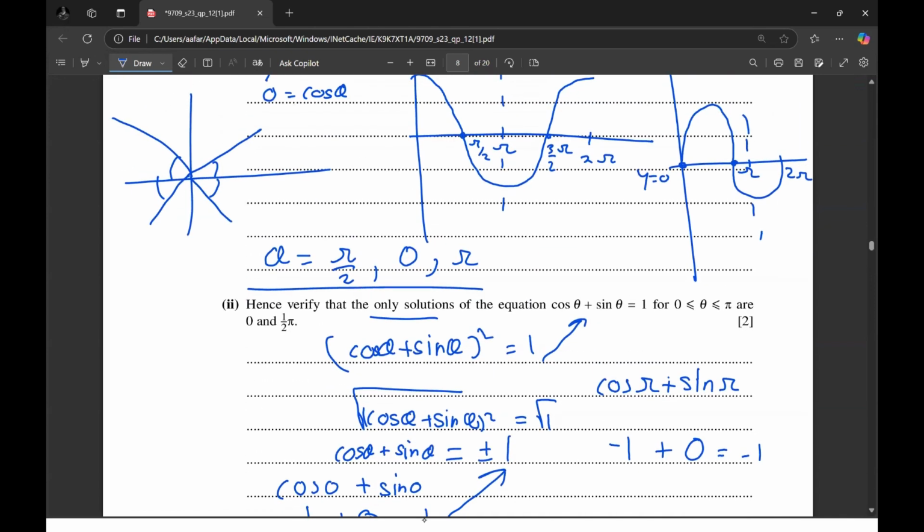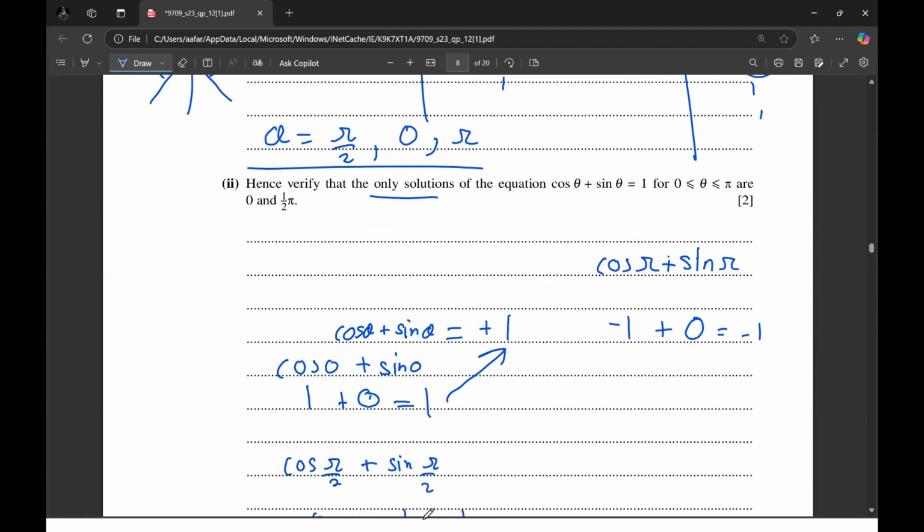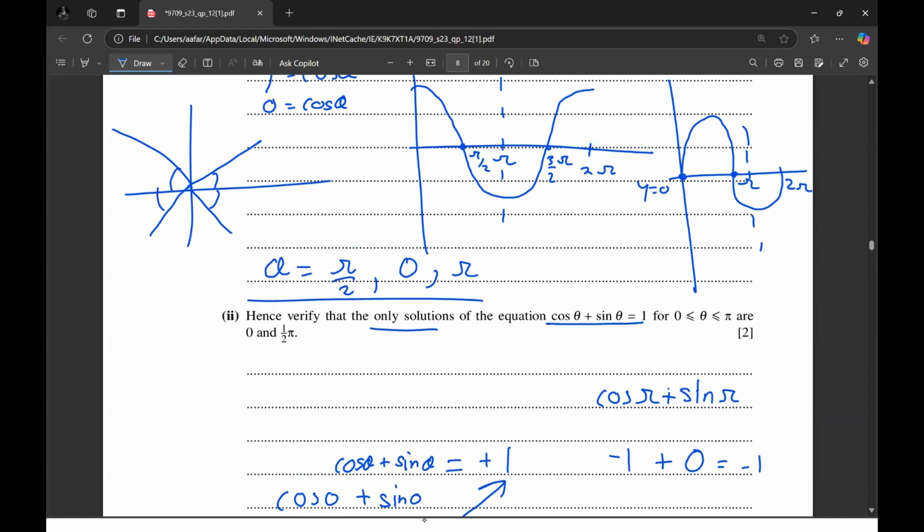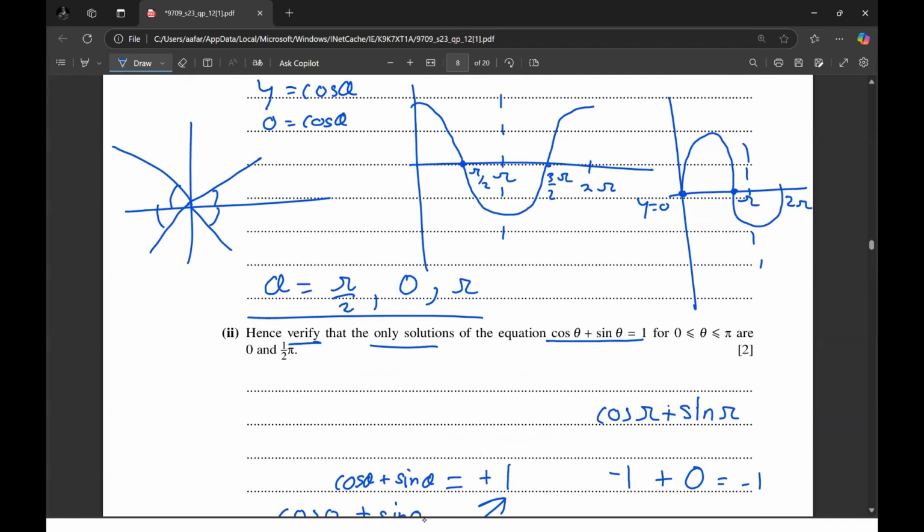Okay, I think this step wasn't unnecessary. Apologies. Since they only asked us to verify the equation cos theta plus sin theta is equal to 1, sorry, I misunderstood. It's verify.